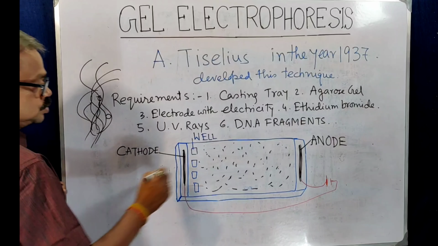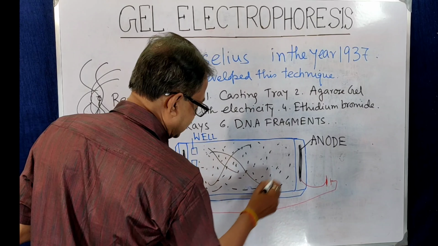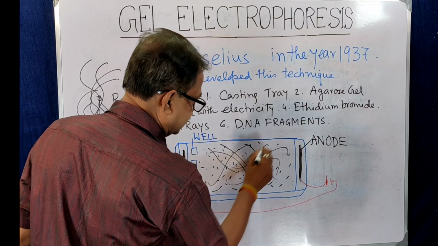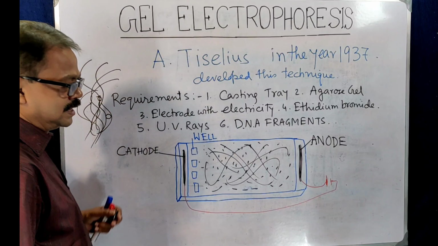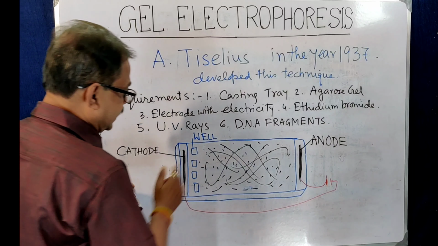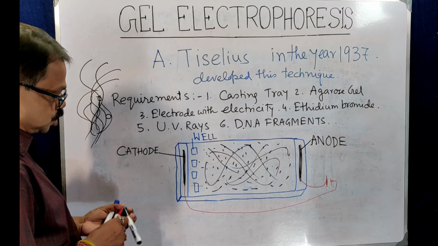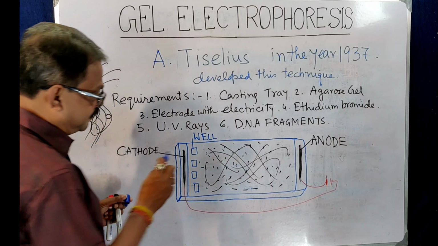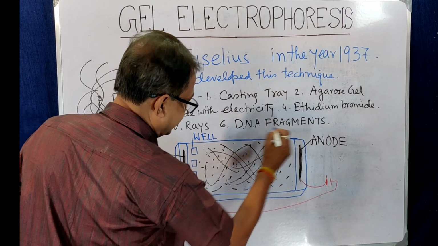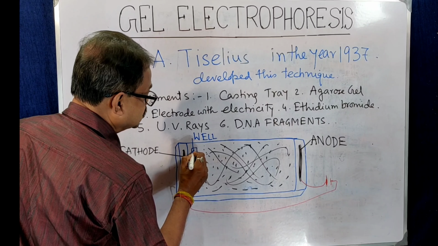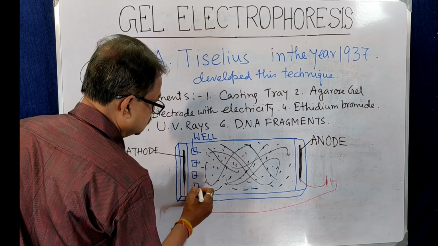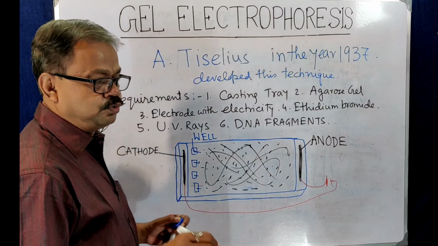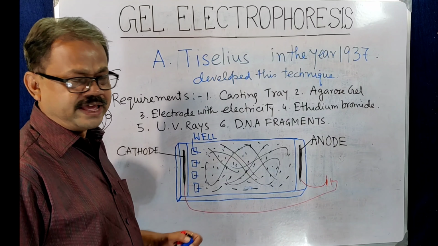These linear threadlike particles are present here, that is agarose gel. And here are some wells through which we can give the DNA fragments. We have to apply the DNA fragments through this well.